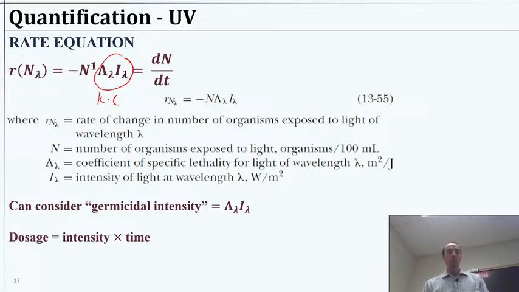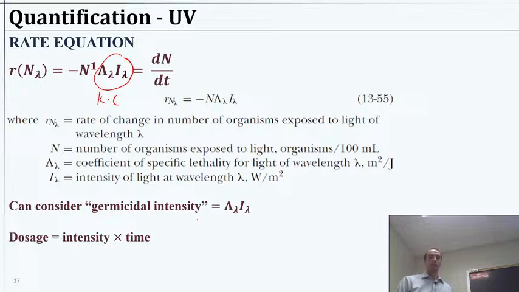Okay, so this is the coefficient of specific lethality for light of a given wavelength. It's probably capital lambda. I don't know. No, that wouldn't make sense. At any rate, this is just like the k we were talking about, where it was k times c, except this time it's k times the intensity of light that the solution has received.